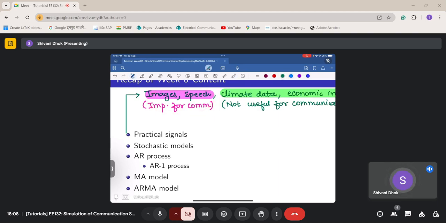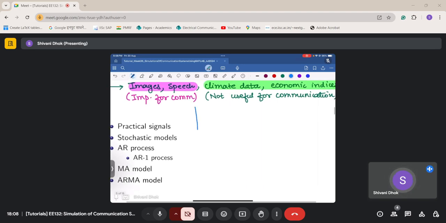Now this data, whatever we are having here, is highly correlated. A simple example: let's say I have an image with someone's face here.